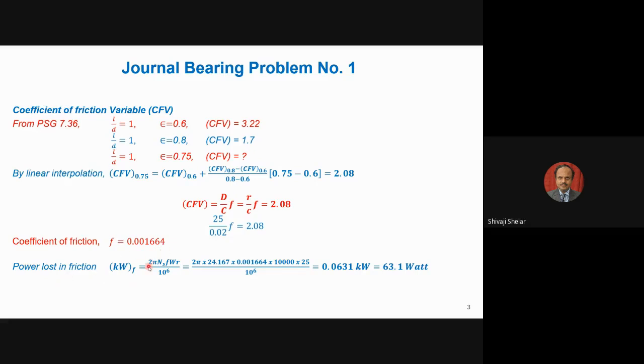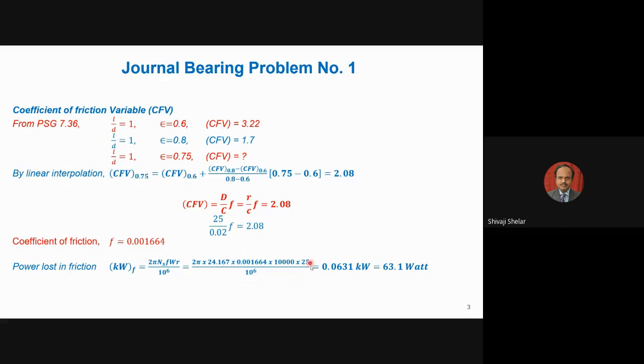From this, you can find out power loss in friction also. Power loss in friction is equal to 2 pi ns f W R upon 10 raised to 6. I gave this equation in the last lecture for journal bearing. The 2 pi ns value we calculated in the previous slide is 24.167, the f value just calculated is 0.001664, the load given in the problem is 10 kilonewton, that is 10,000, and the radius of the journal is 25 mm, divided by 10 raised to 6.